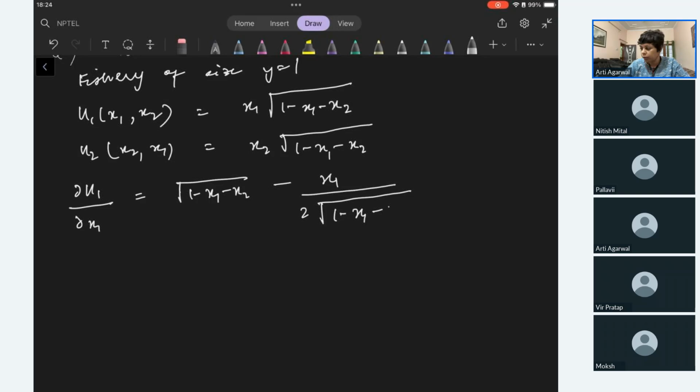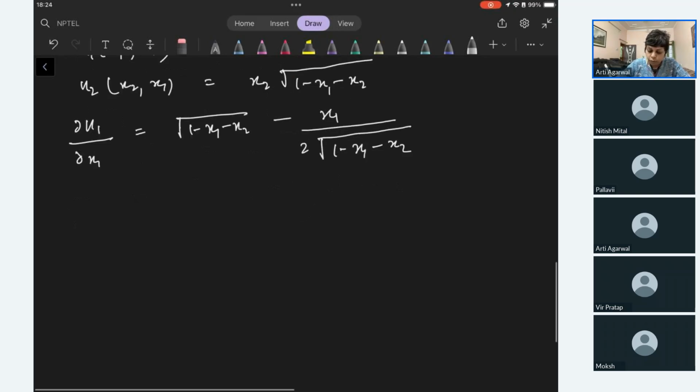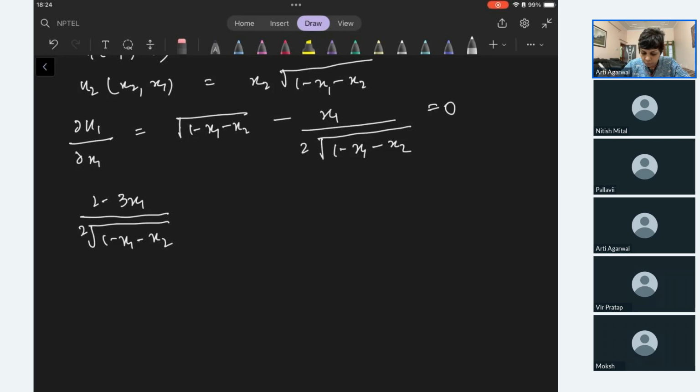You're just taking a basic partial derivative, and this is equal to 0. Now, if you want, you can simplify: 2 minus 3x1 minus x2, sorry, over 2 root of 1 minus x1 minus x2, equal to 0.